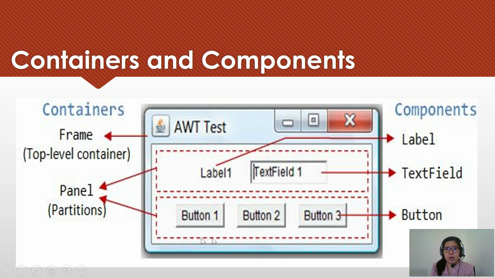Okay, so these are partitions or divisions. So this is the top level, the frame, and the panels as the partition. And what we put inside the containers are called components such as label, text field, and buttons.